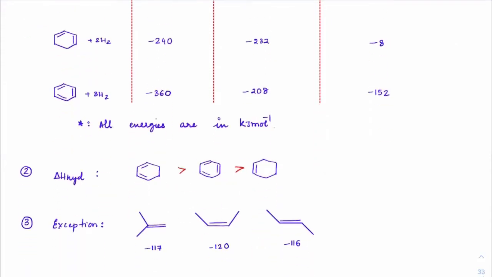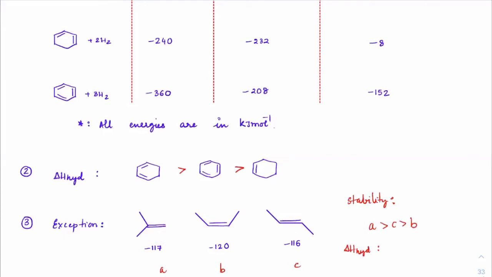There is one exception which comes when it comes to stability of this. We have just learned how to check out the stability for these three. This is isobutene, this is cis-butene, this is trans-butene. We learned that if you take this as A, B, C, A should be more stable as compared to that of C as compared to that of B. Okay, but if you check out delta H hydrogenation, there is a less energy given by trans instead of isobutene.